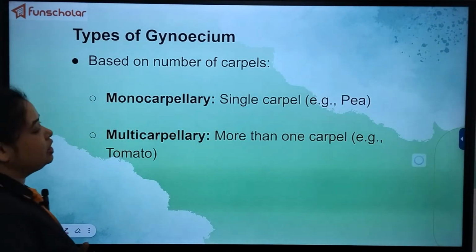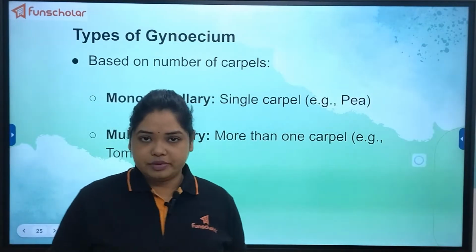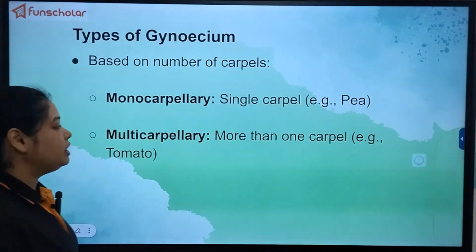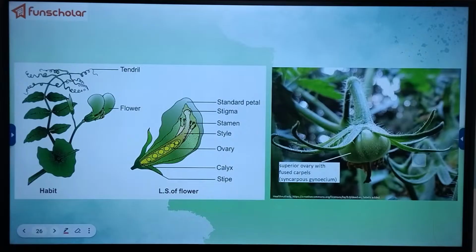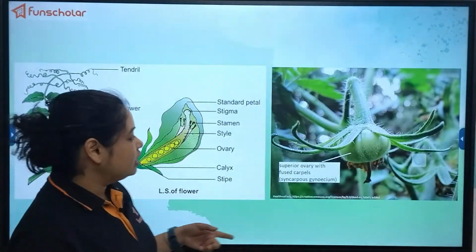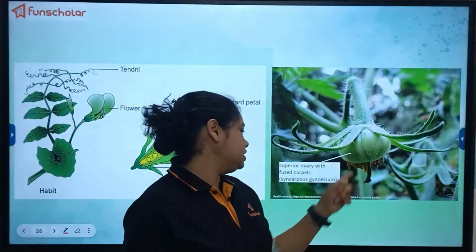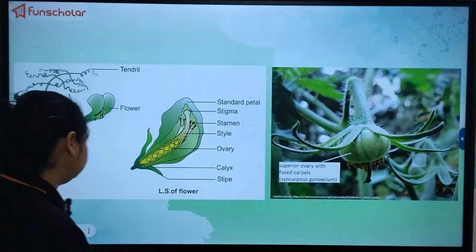So multicarpellary means more than one carpel, in which many female reproductive organs will be found. Example tomato. So here you can see the pea, that is the monocarpellary, and here it is the tomato, which is multicarpellary.